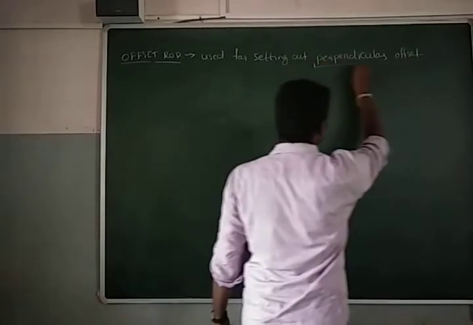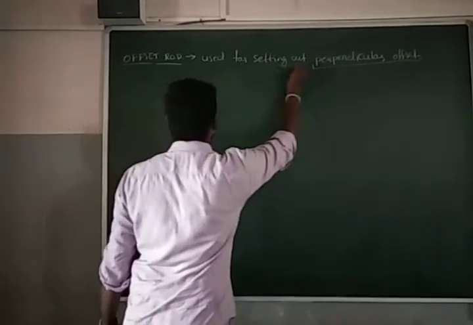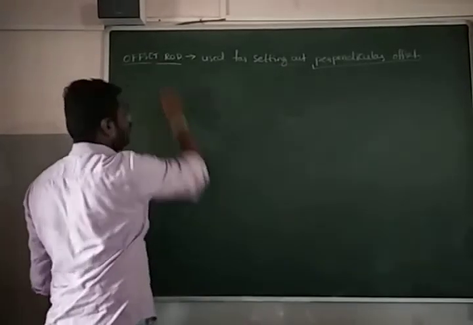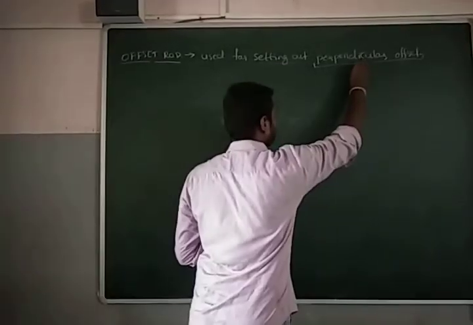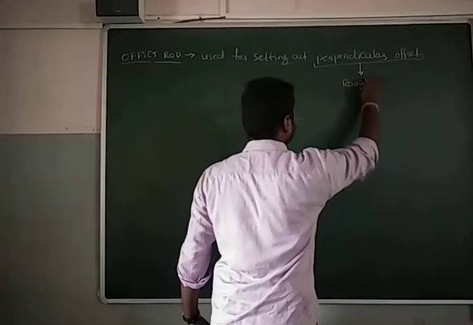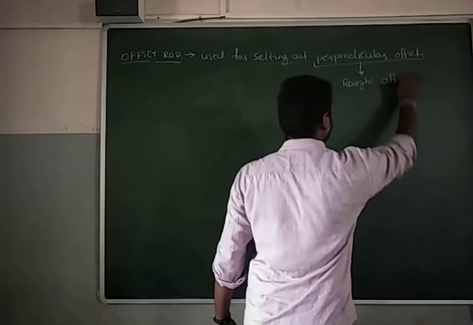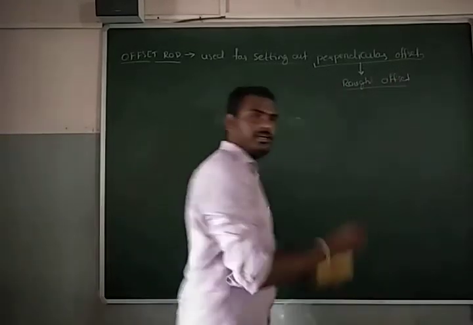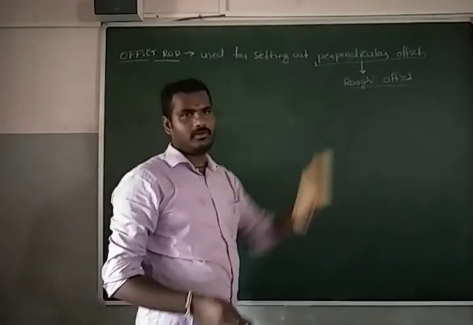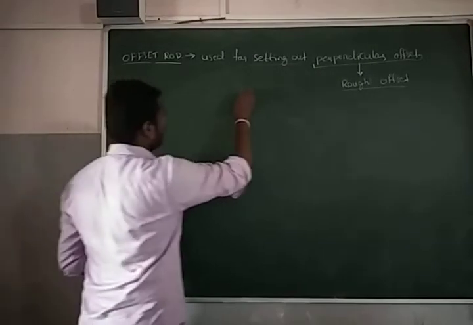But these perpendicular offsets set out by using the offset rod are not accurate. These are rough offsets, not very accurate values. Now we will see how the offset rod looks.